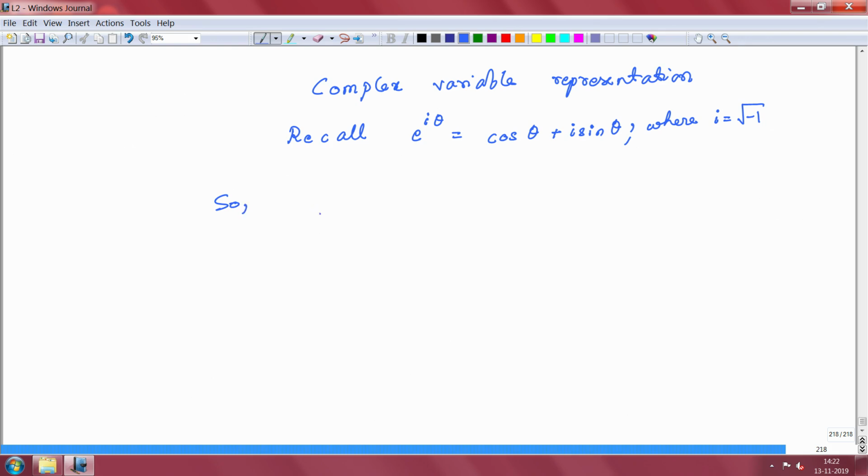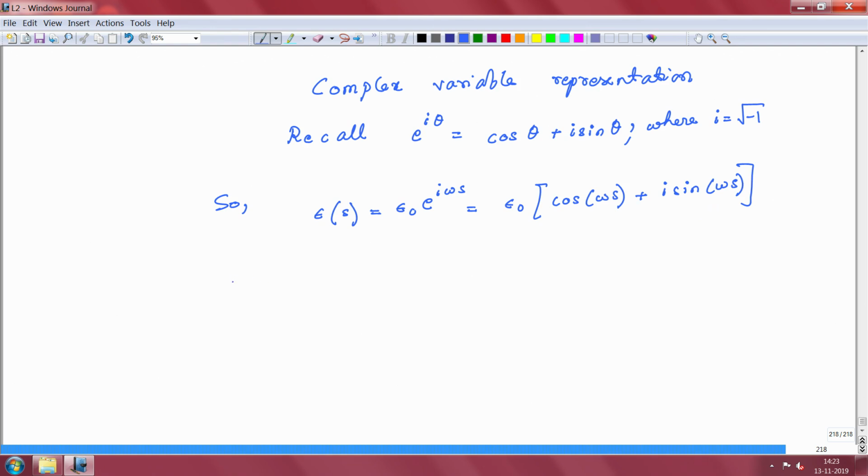Now our input is epsilon s is epsilon naught. Instead of writing a sine function, we will just write the complex variable representation, which is e to the power i times omega s, right, which is epsilon naught, you have cosine omega s plus i times sine omega s, right, and s is again a real number between 0 and infinity.